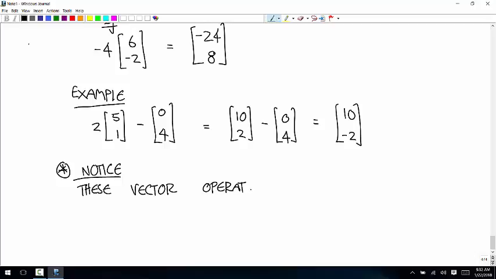These vector operations can be done as two scalar operations.